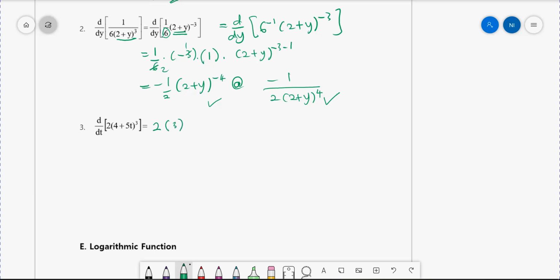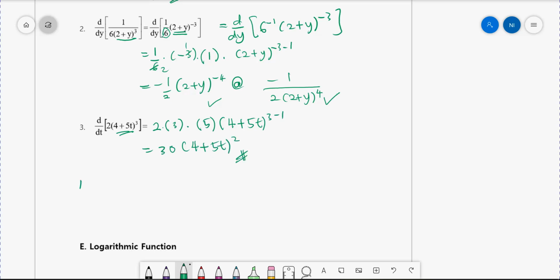You get 3. Multiply with the derivative of 4 plus 5t, which would be 0 plus 5. And then rewrite the function itself, (4 plus 5t) to the power of 3 minus 1. Simplifying, we will have 2 times 3 is 6. 6 times 5 is 30. (4 plus 5t) to the power of 2.